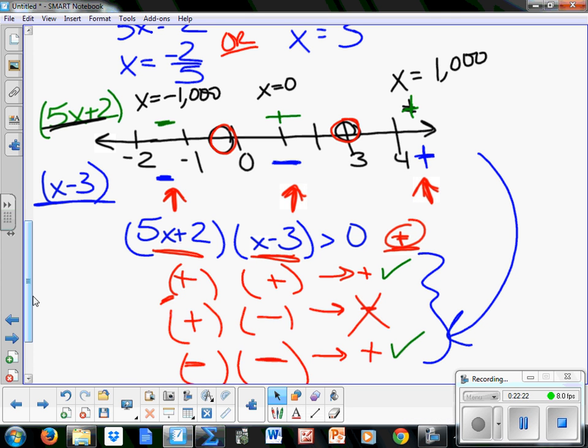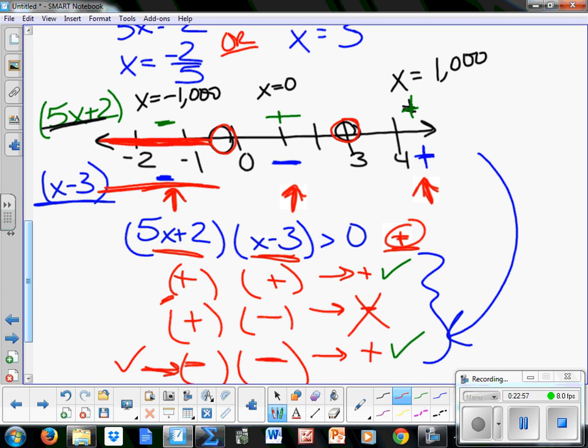What I was looking for was for my factors to combine so that they are both positive at the same time, or both negative at the same time. If you plug in the same value up here in this region, they're both going to be negative. That's something we wanted to see, so that part of the number line is going to be shaded, because any of those values make our inequality true.